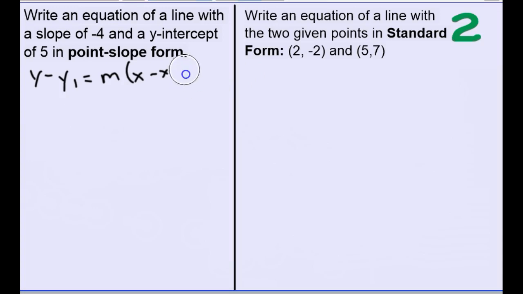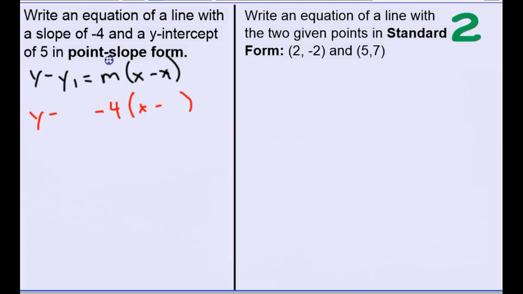So we know that we have a slope of -4, so our m is going to be -4. We know we have a y minus and an x minus. What we need is a y1 and an x1.